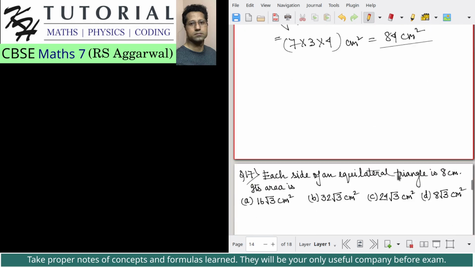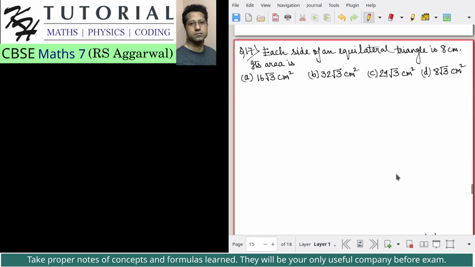Okay, let's do the next problem. Question number 17. Each side of an equilateral triangle is 8 centimeter. Its area is. We know that for an equilateral triangle, if each side is a, let's say the triangle is ABC, the area of an equilateral triangle is given by the formula square root of 3 divided by 4 times a square, where a is the length of each side of the equilateral triangle.